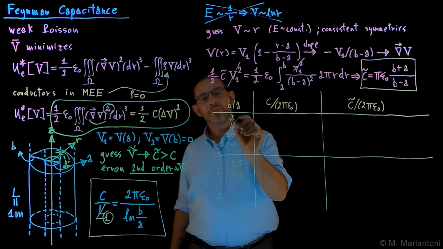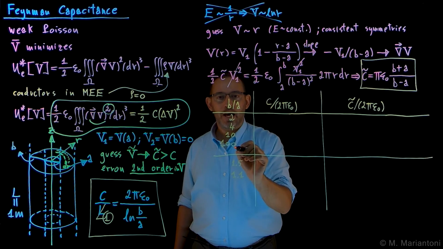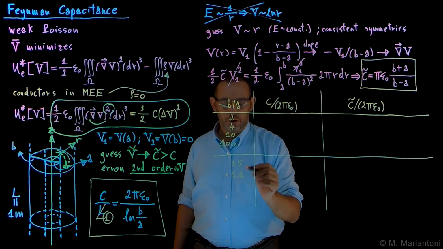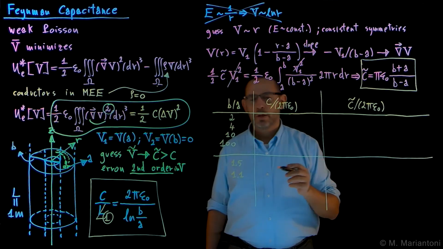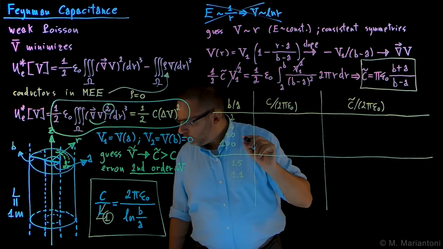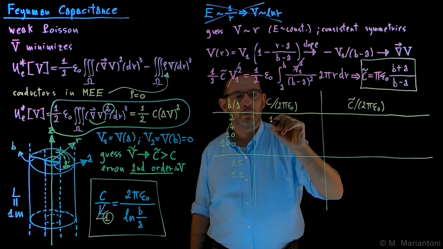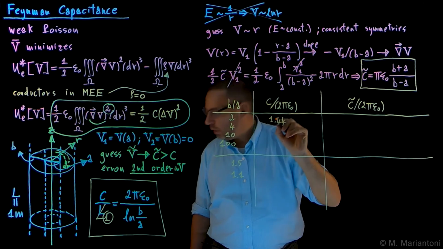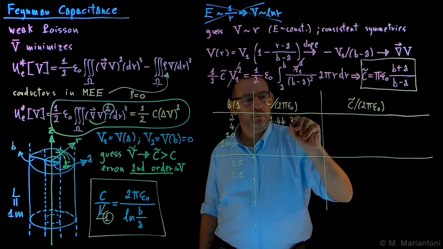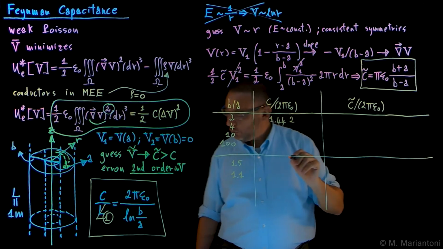So here we have relatively large ratios, larger and larger, and here we have small ratios. Okay. So in the case of 2, the actual calculation will give us 1.442, whereas the C tilde gives 1.500.